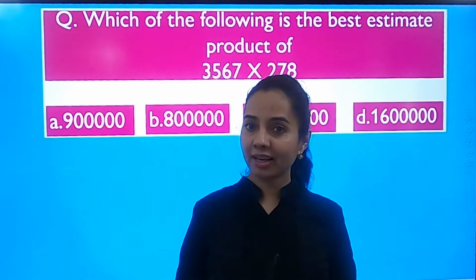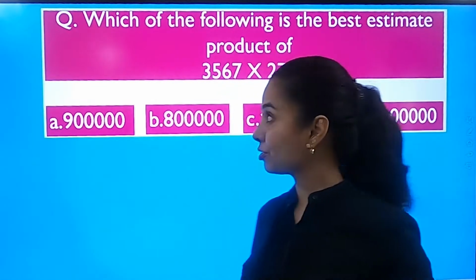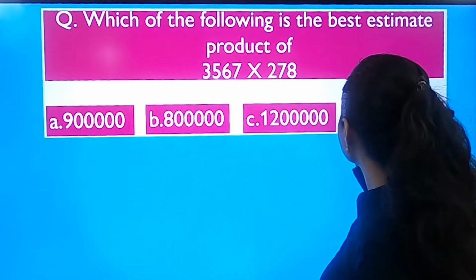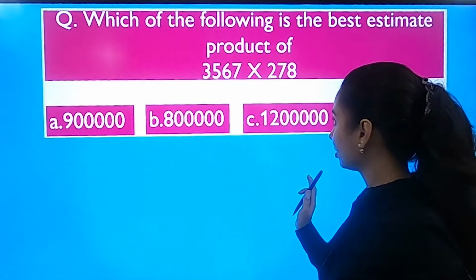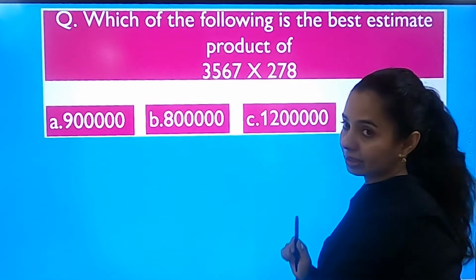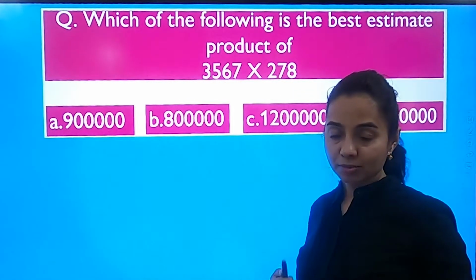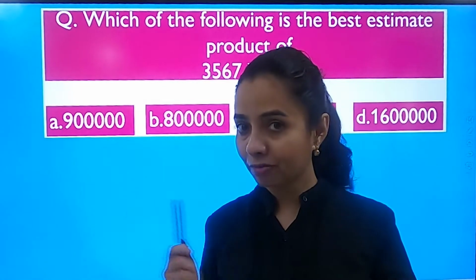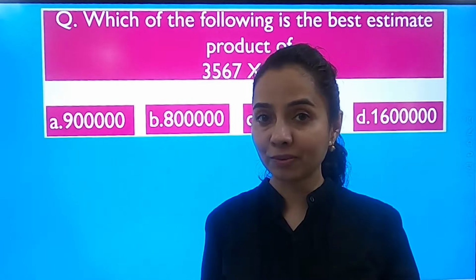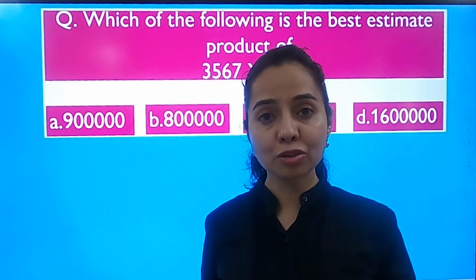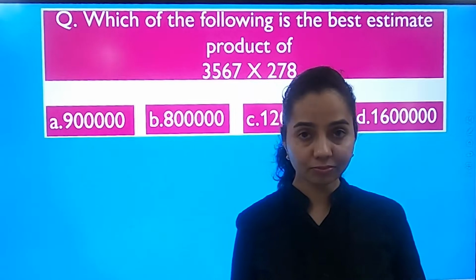So this is our next question. The question says, which of the following is the best estimate of the product of 3,567 and 278? So simply we have to first round off these numbers, but you might have noticed that they have not given us the nearest place value till which we have to round off.